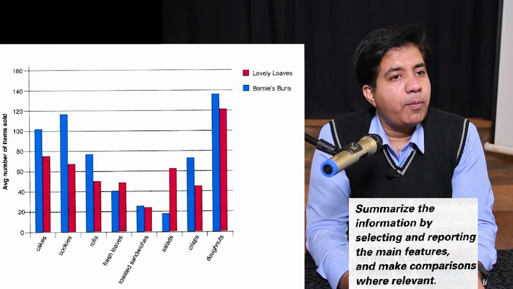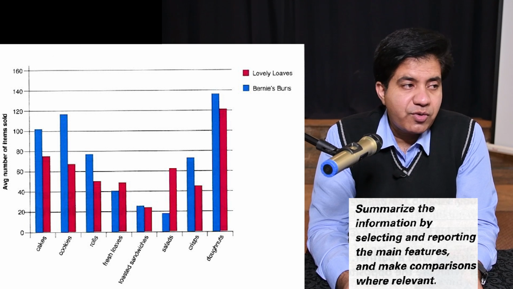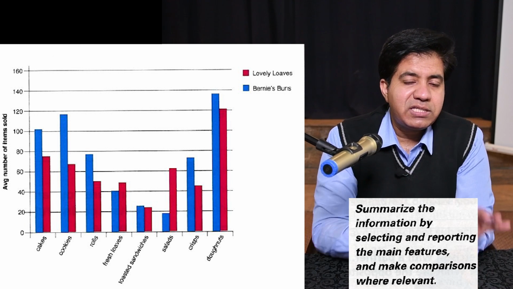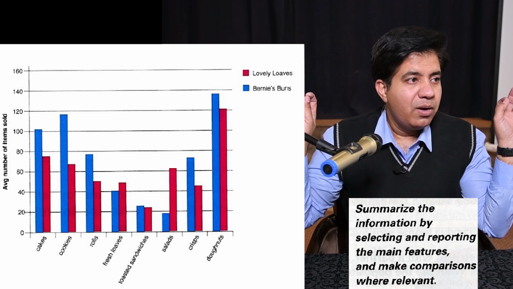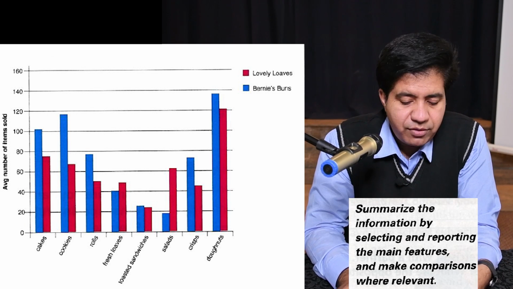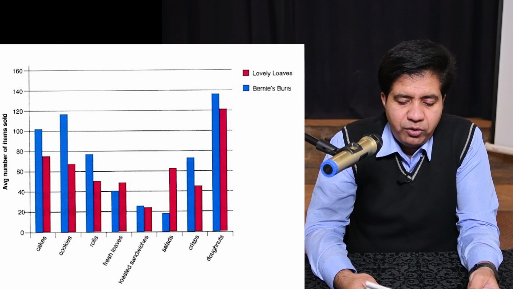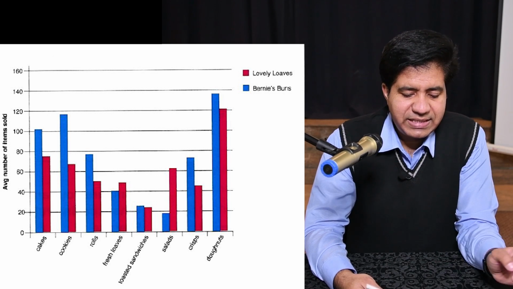So, donuts are top of the list. After donuts, cookies. After cookies, cakes. So, that means the sweet items are more common or more popular than the other items, right? And the items like fresh loaves, toasted sandwiches, salads, they've got relatively less sale.